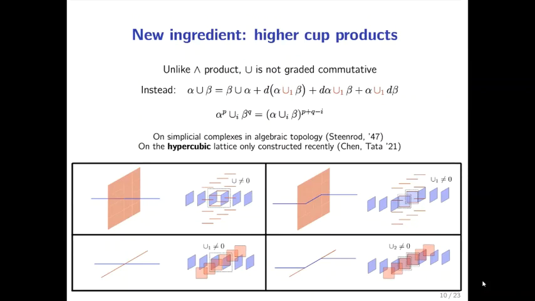For example, this blue plaquette is pierced by this blue line. Similarly, we set all links on the lattice equal to 1 if they pierce the surface on the dual lattice and 0 everywhere else. Then this cup product is going to be non-zero precisely on the cube which is dual to this intersection point. So the cup product has to do with these generic intersections.